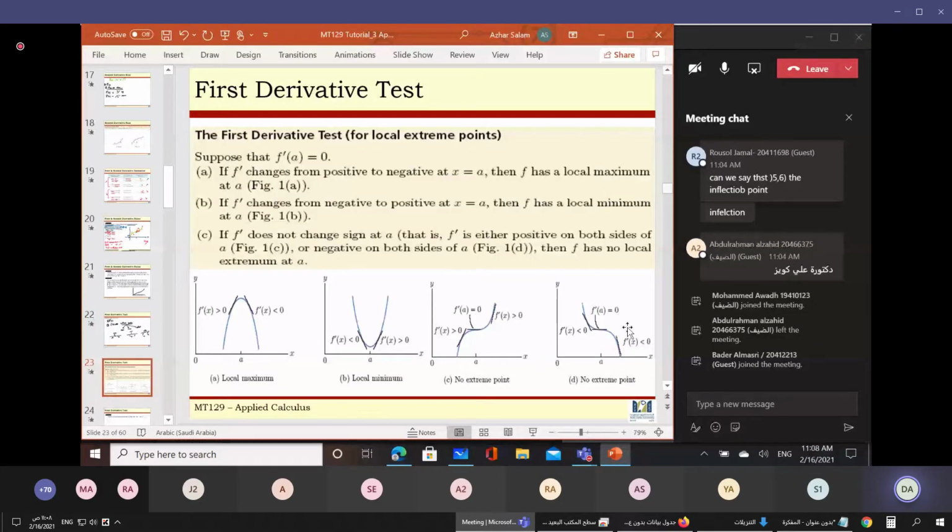This is the case that a critical point like here A is neither. It is still increasing or still decreasing, even though this is a critical point. Okay, these are the three possibilities for critical points.